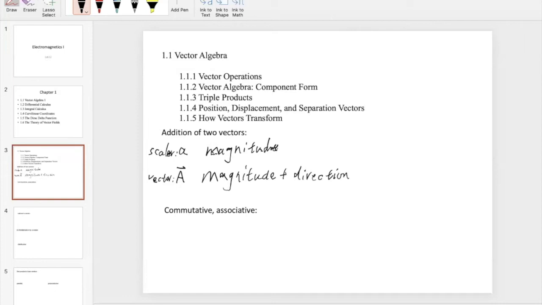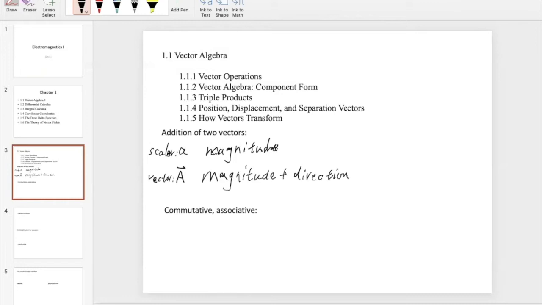It should be scalar. What about force? Is force a vector or a scalar? It should be a vector because force has direction. Temperature doesn't have any direction. It's just a magnitude. But force has direction. So that's the difference between scalar and vector.